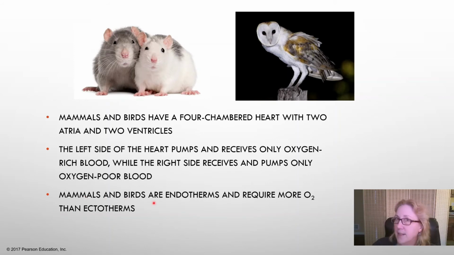Mammals and birds are not. So perhaps it's this need to be a homeotherm, with body temperature varying very little, and that extra oxygen requirement that drove the selection for complete separation of the pulmonary and the systemic circulation.